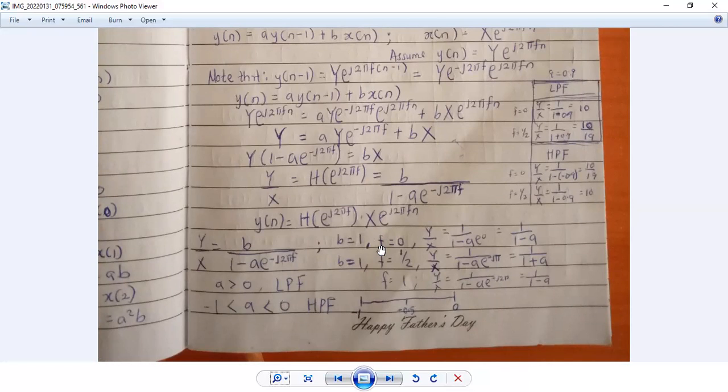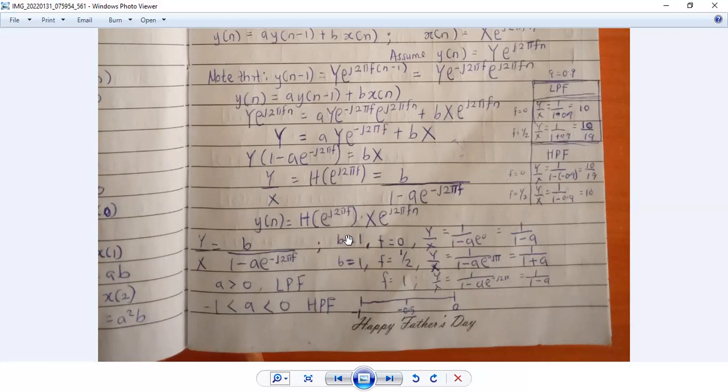Then remember that a low pass filter allows low frequencies to pass but attenuates high frequencies, while a high pass filter attenuates low frequencies and allows high frequencies to pass.